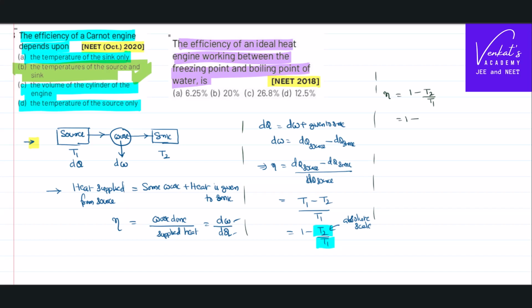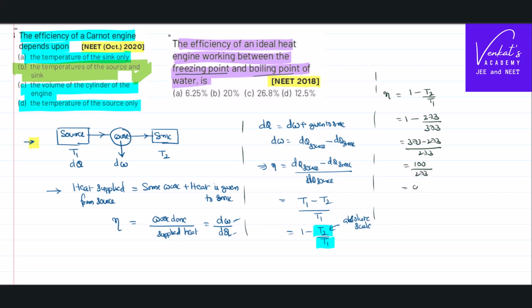Temperature of the sink, the freezing point, is 0 degree centigrade, that is 273 Kelvin. And the boiling point is 100 degree centigrade, that is 373 Kelvin. That is 373 minus 273 by 273. That is 100 by 273.